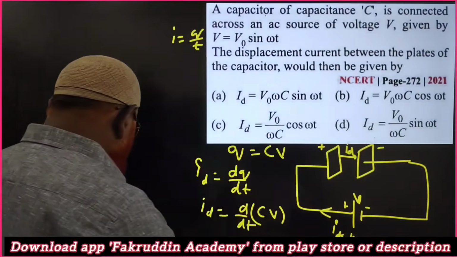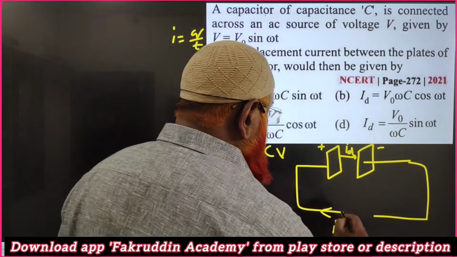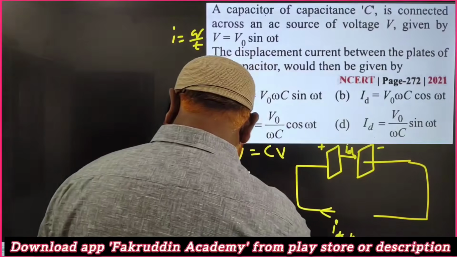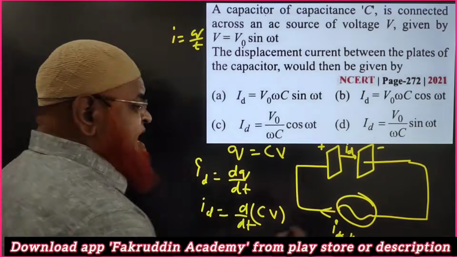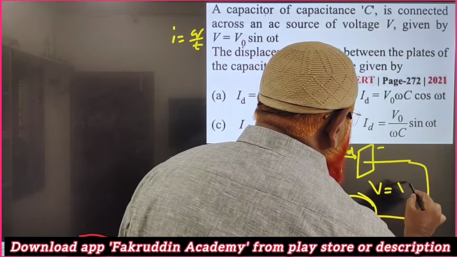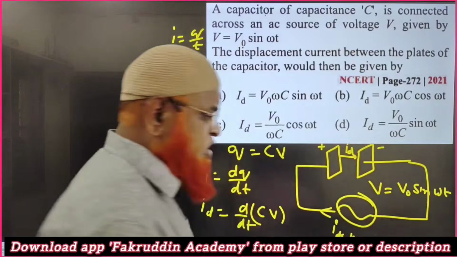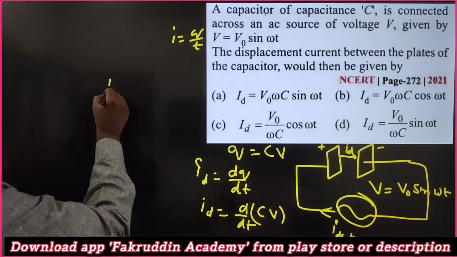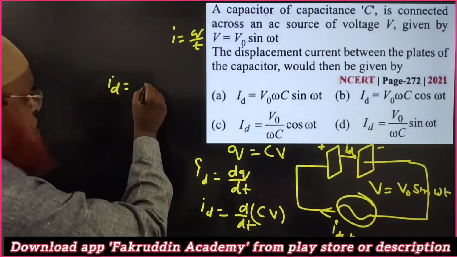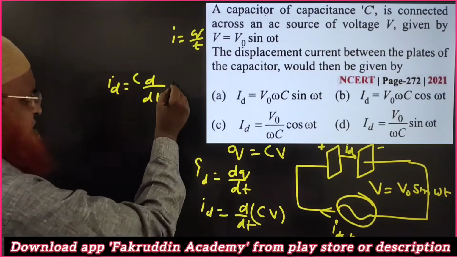It is said in the problem that you have to consider an AC current. Then it is represented with V is equal to V naught sine omega t, because it is a sinusoidal wave. Then you write the current is equal to d by dt of C, which is constant.